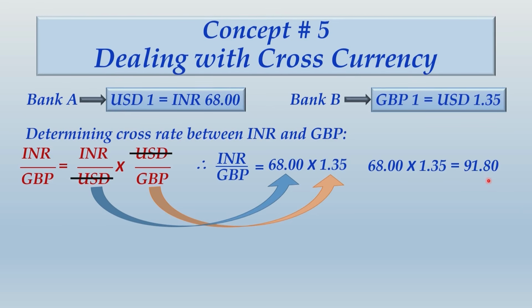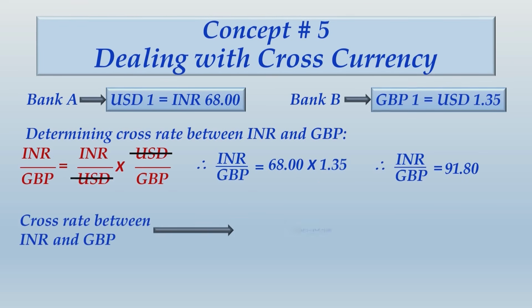This 91.80 is ultimately what? INR per GBP. So let us rewrite the same thing. INR per GBP will be 91.80, and therefore we can conclude one thing very clearly, that cross rate between INR and GBP will be GBP1 equals to INR 91.80.